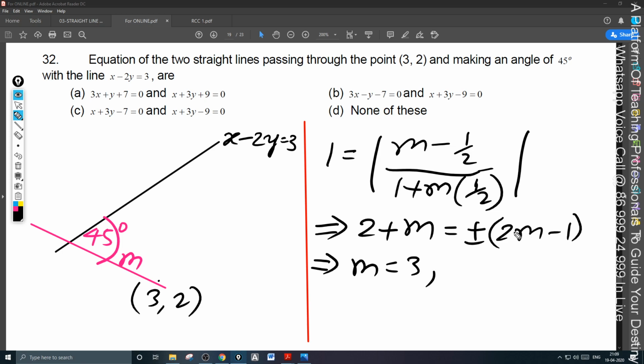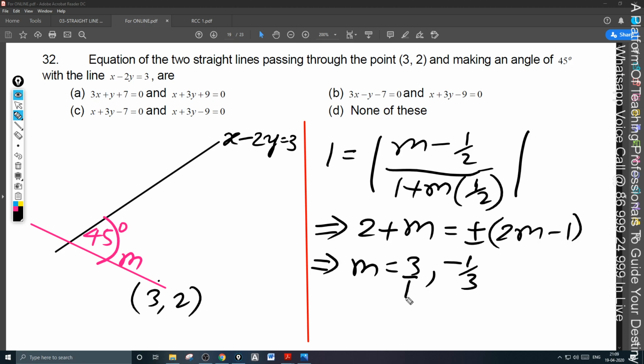Or if you take minus, bring this to the other side, 3m is equal to 1 minus 2, minus 1, so m is minus 1 by 3. The slope is 3 here. Slope is minus 1 by 3 here.